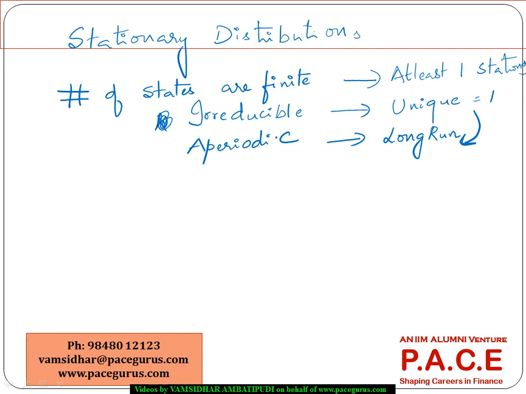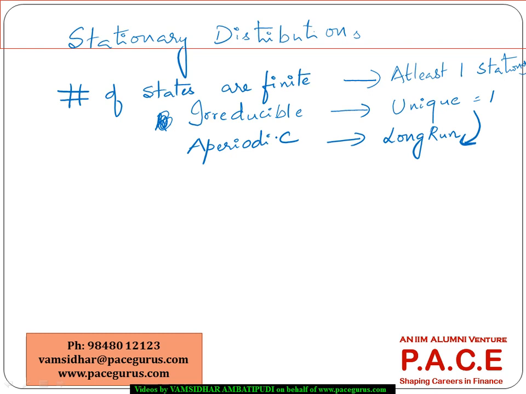It could be 5 years, 10 years, but you see the process will keep approaching that long run stationary distribution. The moment it becomes equal to that long run stationary distribution, in subsequent periods of time the process will keep continuing in those states with those probabilities only.